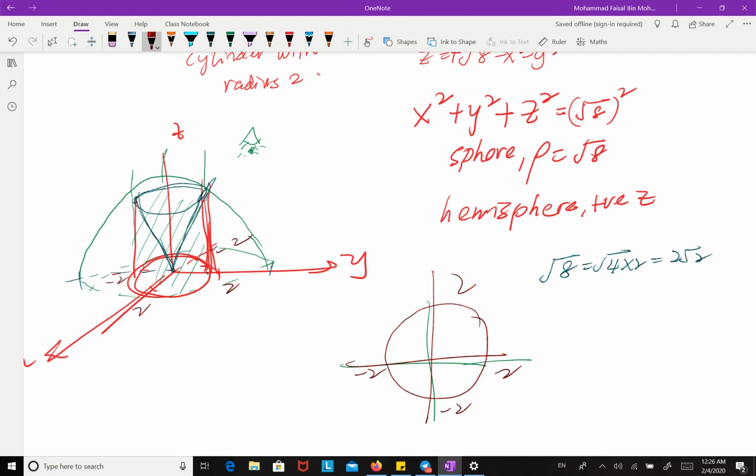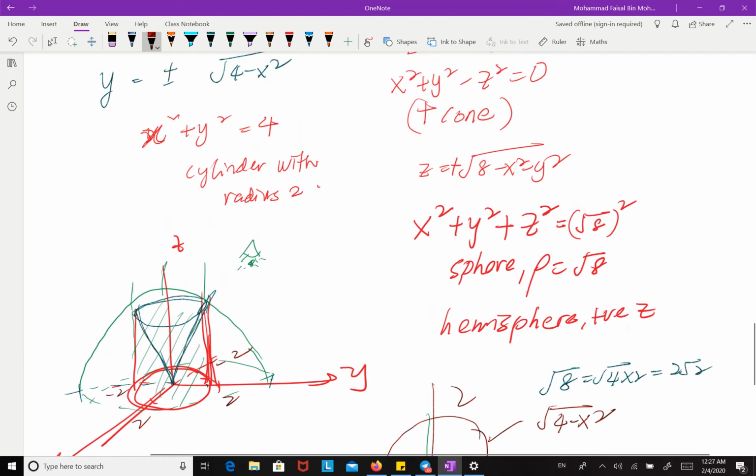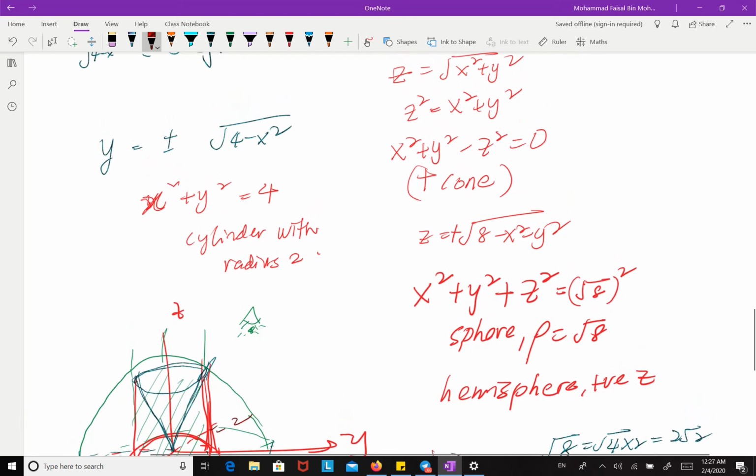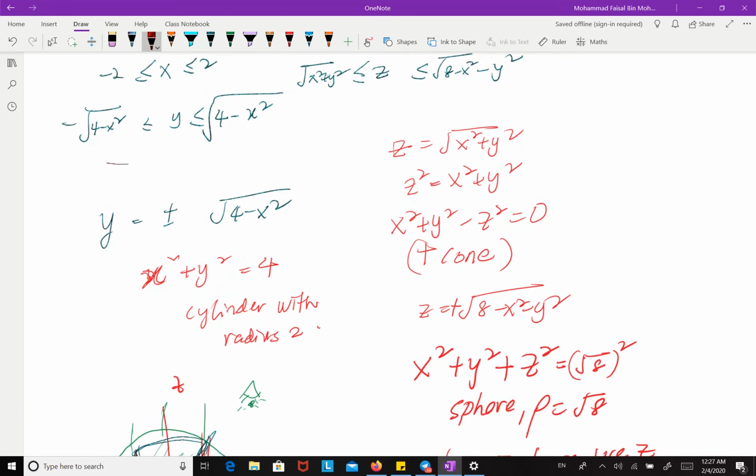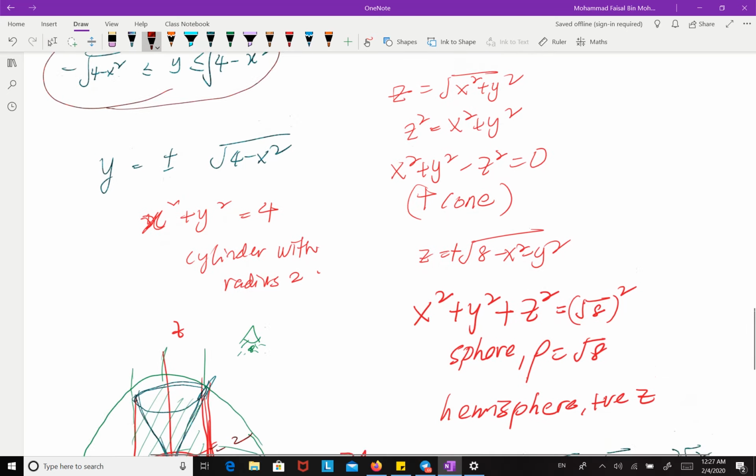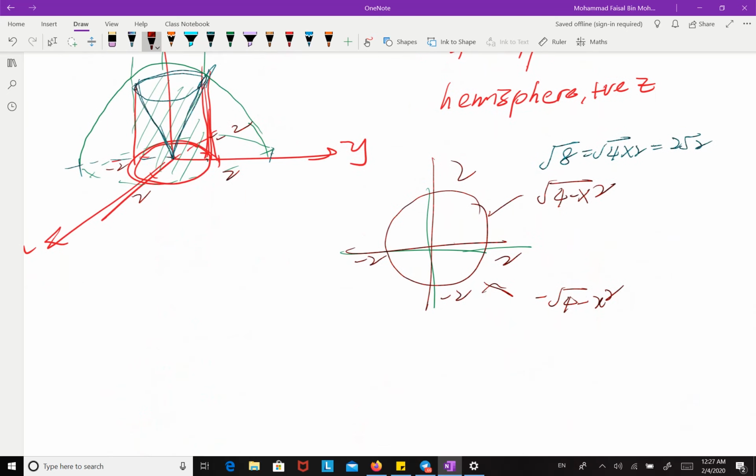So from here, the upper part will be square root of 4 minus x squared, and the lower part will be negative square root of 4 minus x squared. Because we consider the whole circle, going from the x axis around, your theta limit will be 0 to 2 pi.